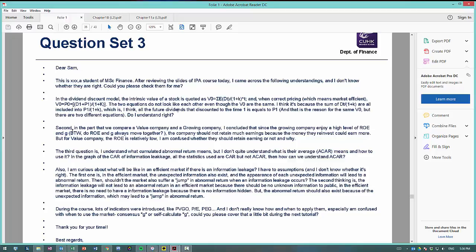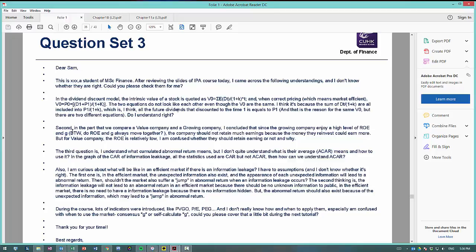Now, second, in the part where we compare a value company and a growing company, I conclude that since the growing company enjoys a high level of return on equity and G, by the way, do ROE and G always move together? I guess they do.